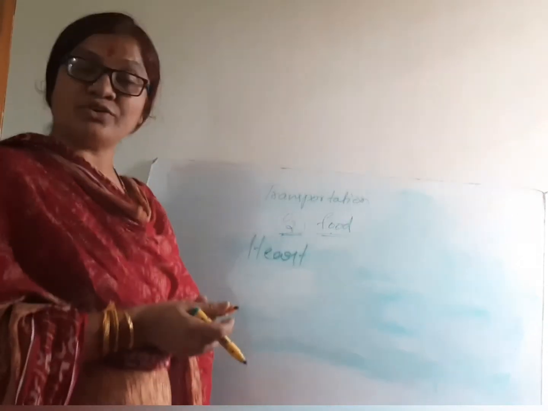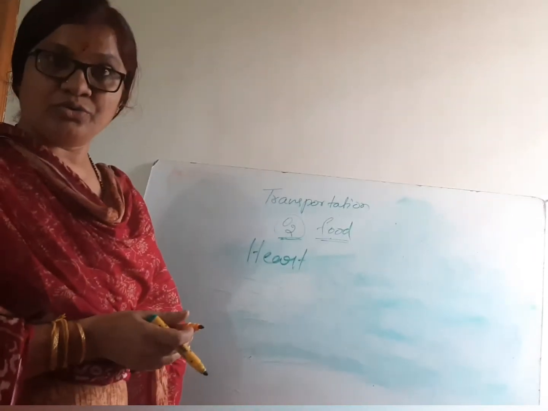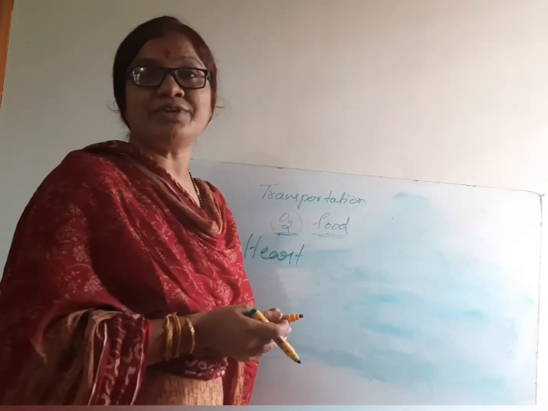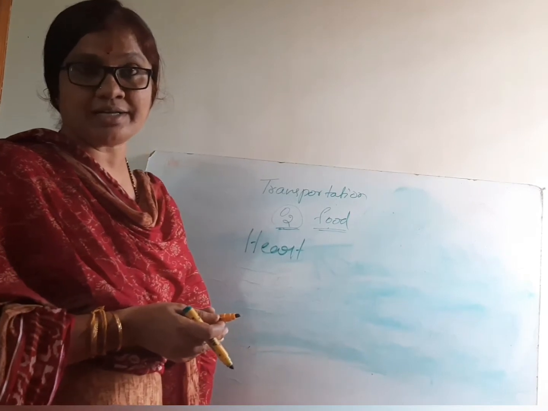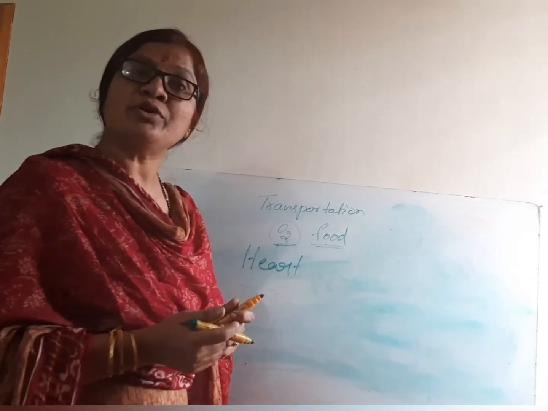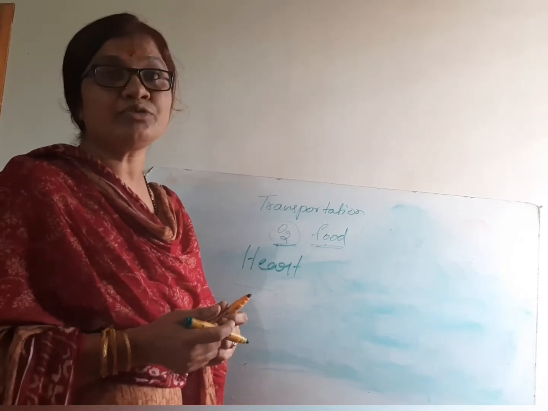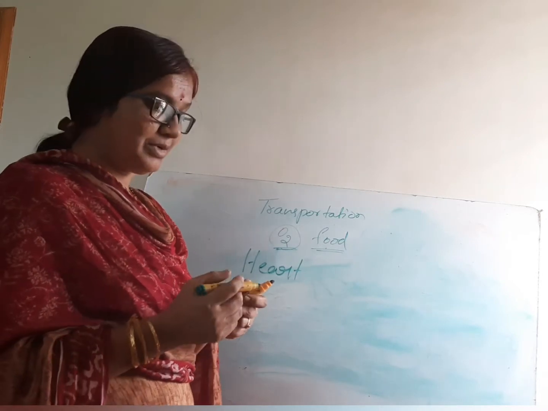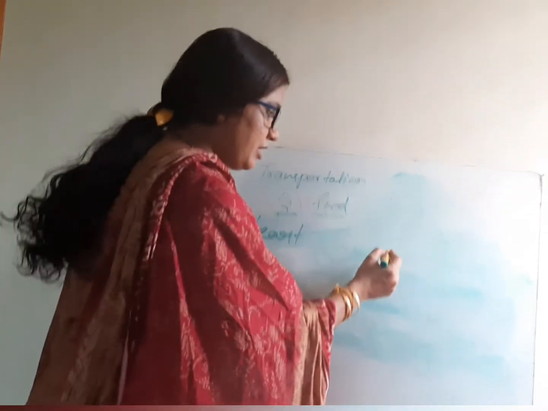Before knowing the function of the heart, you want to know how to draw the diagram. The diagram given in the textbook is a 3-dimensional diagram. It's a little bit difficult. So the diagram I'm going to write on the board is very easy, 2-dimensional, and you can practice this diagram for your exam. Now let me start.